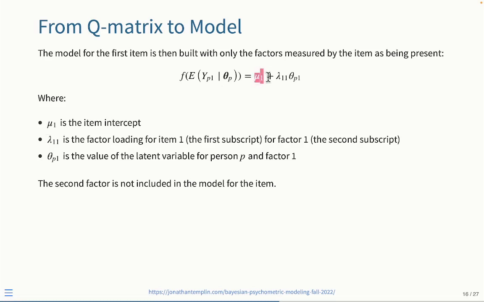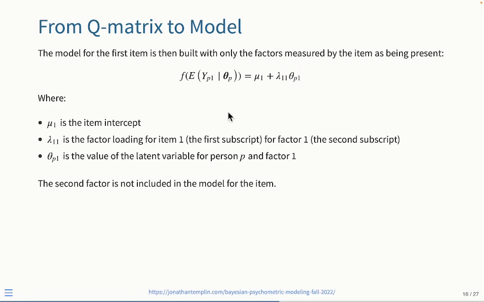In typical linear models, that's beta 0. Lambda 1 is the item factor loading or item discrimination. In other typical linear models, this might be beta 1, a slope. Turns out the item intercept and the slope have the same interpretation. The intercept is the predicted value when the latent variable is equal to 0. The slope is the increase or change in the outcome per unit change in the latent variable.